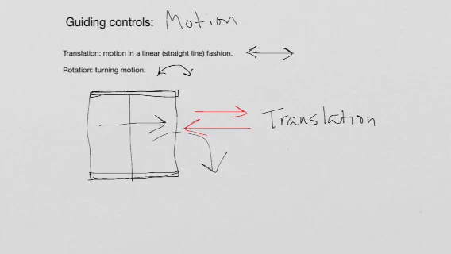You can't slide that doorknob up and down. You can only turn it from side to side. So when we talk about guiding control on page 394 of your text, that's what we're alluding to: an object in a machine that forces another part to have to move in a specific way.